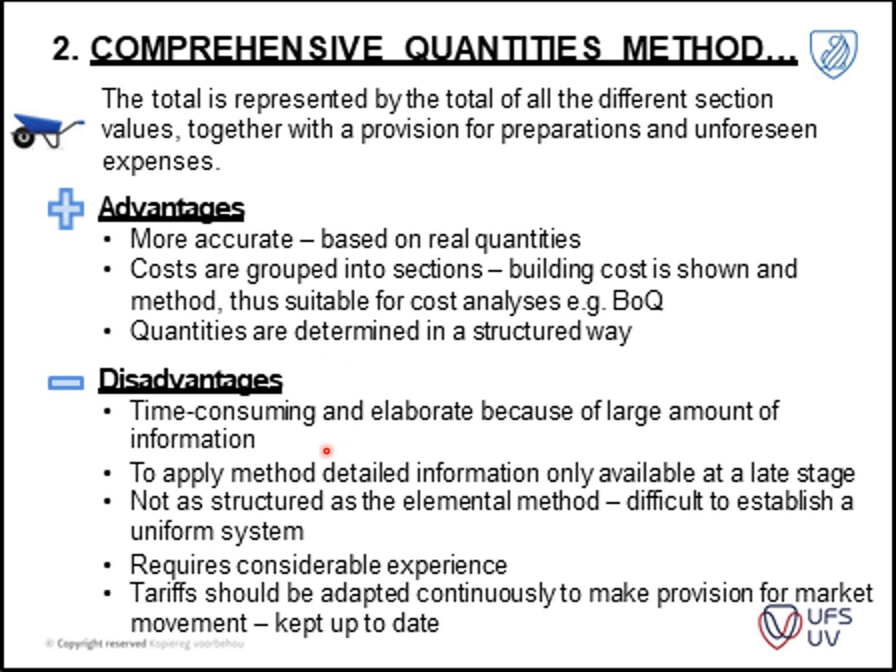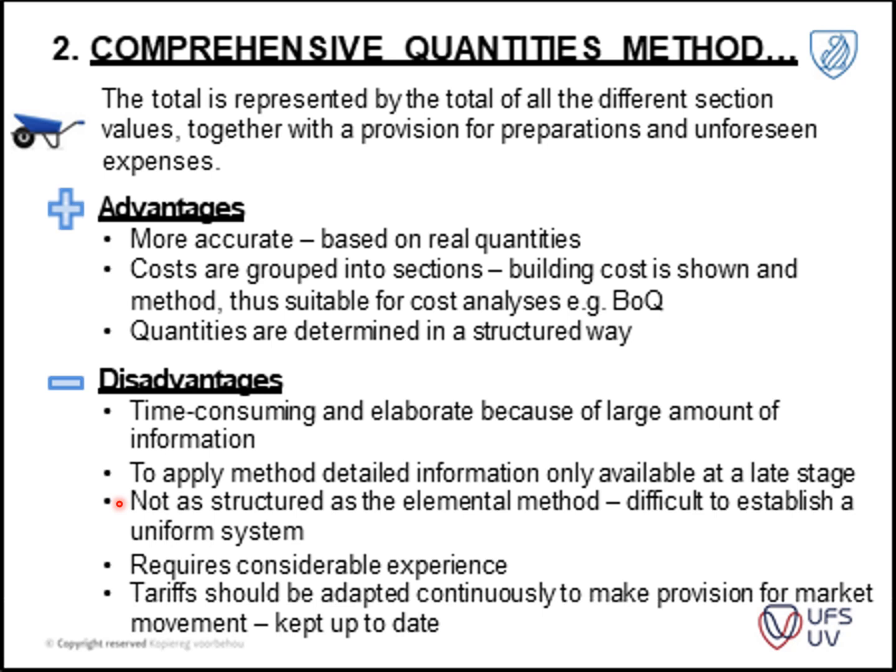And then the disadvantage is obviously the time. It takes more time, and to apply this method, detailed information is only available at the last few stages before you go out on tender. Not as structured as the elemental method. There are no guidelines on this method, although it's based on your standard system and your guide to elemental estimation.